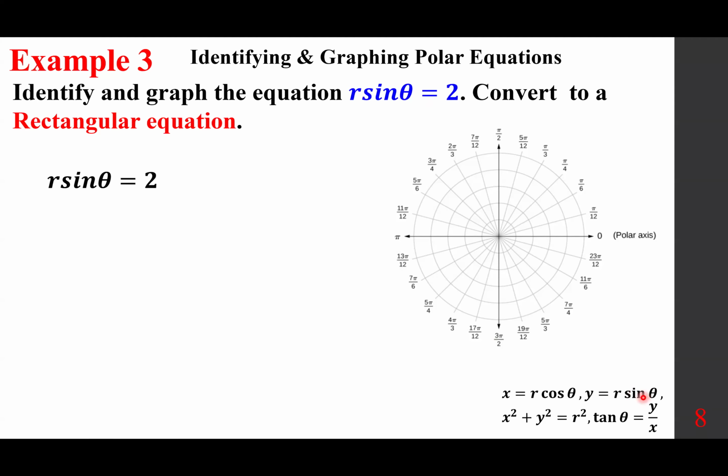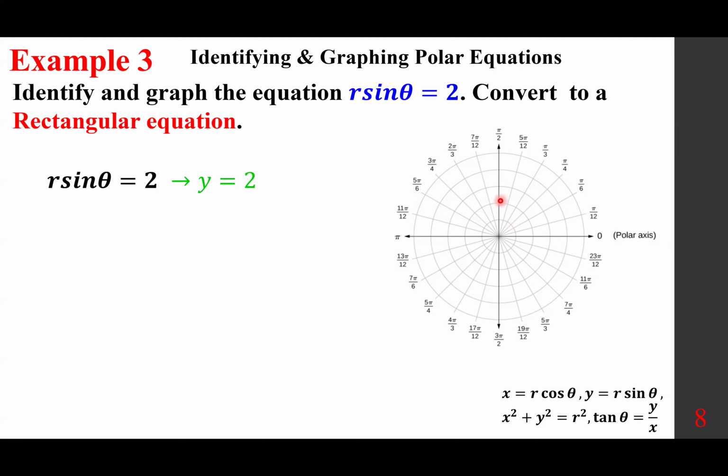Therefore, I can replace the r sine theta with y and write y equals 2. So y equals 2. That's why we have this also in essence rectangular grid. So the line y equals 2.